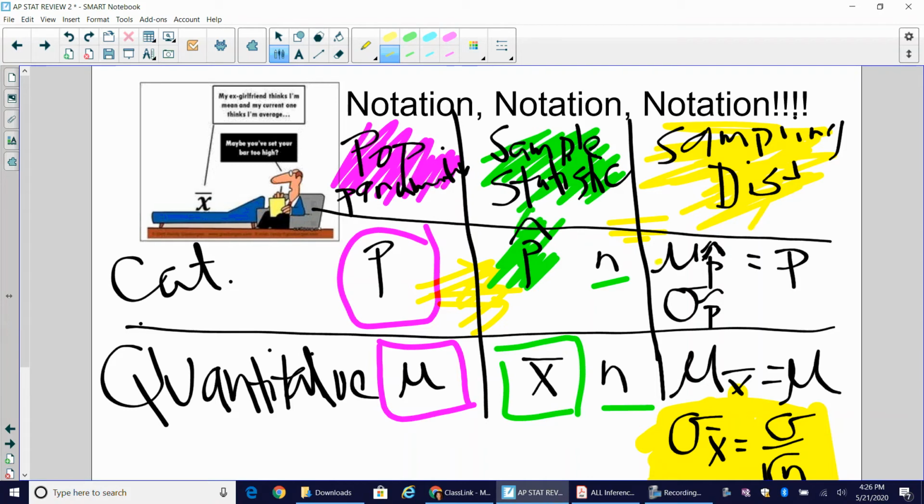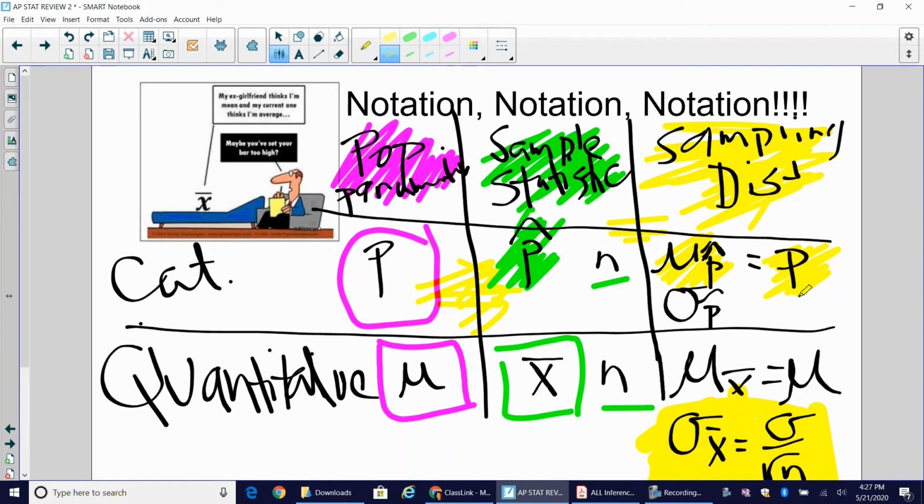Now what we've learned is that the mean of the sampling distribution should be equal to the population proportion. It is an unbiased estimate of the population proportion, as long as you've sampled correctly. You've done a random sample and you've eliminated bias, okay?